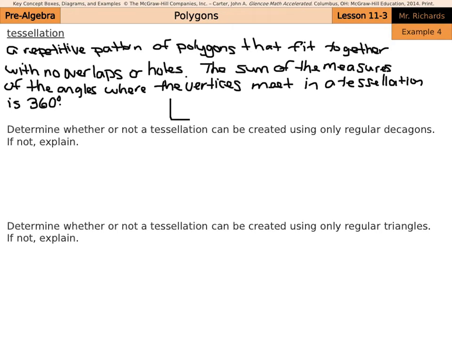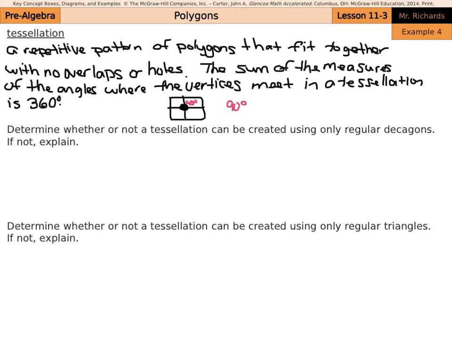And I can look at a quick example here of a tessellation. If I have a set of quadrilaterals, these do meet in the middle, and each one of these little angles is 90 degrees. And so the 90 plus 90 plus 90 plus 90 is 360 degrees. Another way of looking at this is saying, all right, one of the interior angles of a quadrilateral is 90 degrees.